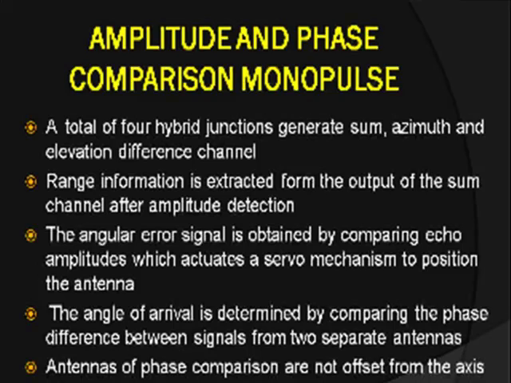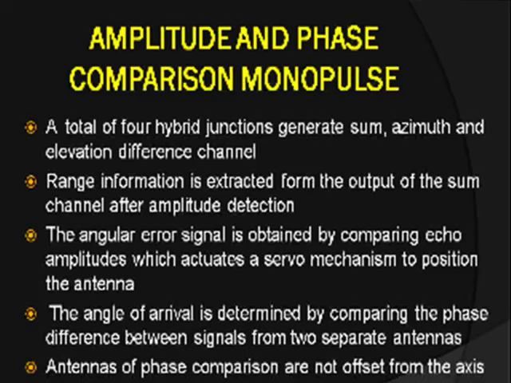What are the plus and minus points of these things? A total of 4 hybrid junctions generate some azimuth and elevation difference channels. Range information is extracted from the output of the sum channel after amplitude detection.